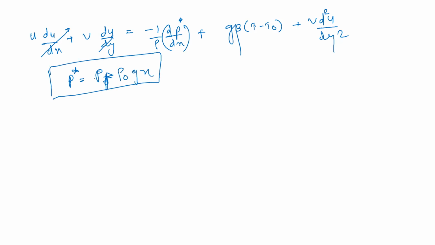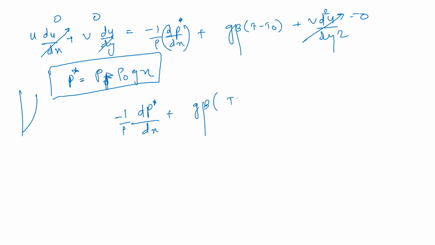So inside a boundary layer, in the vertical direction, we can just replace this. So this term goes to 0. Okay. So this simply reduces to minus 1 by rho dp by dx plus g beta into (T of x minus T core) equal to 0. So this is T core of X. So this is the core temperature.